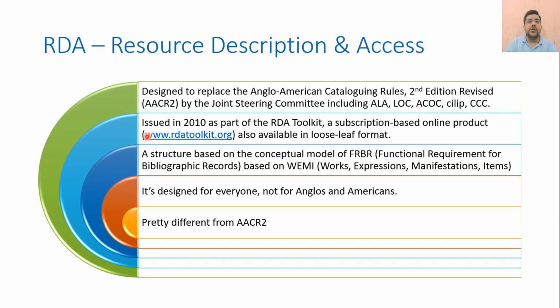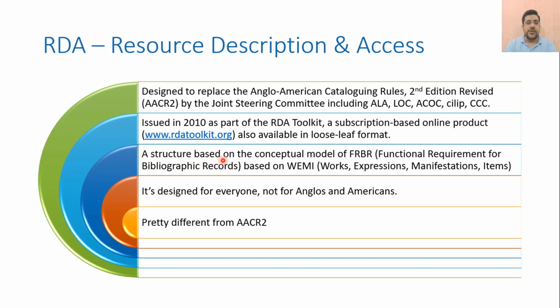RDA is actually not a new thing. It was issued in 2010 as a part of RDA Toolkit, a subscription-based online product. It's available on this website, rdatoolkit.org, and also available in loose-leaf format.